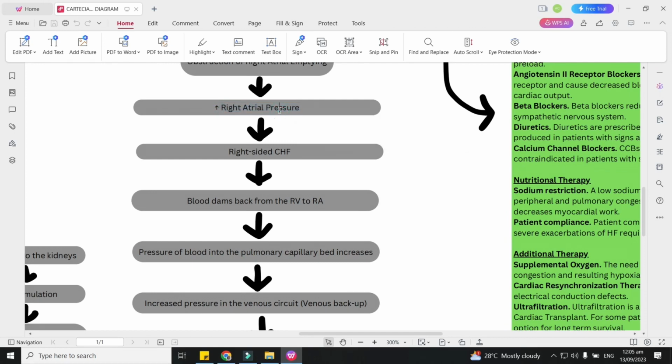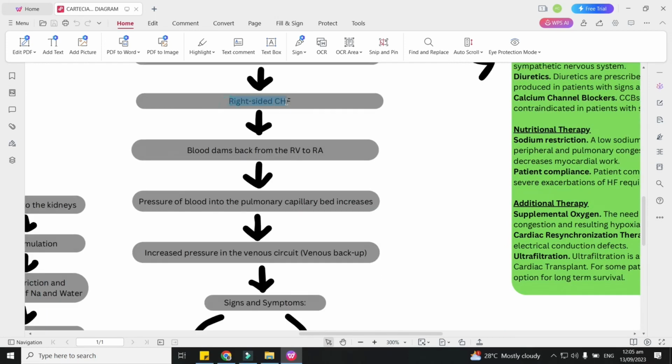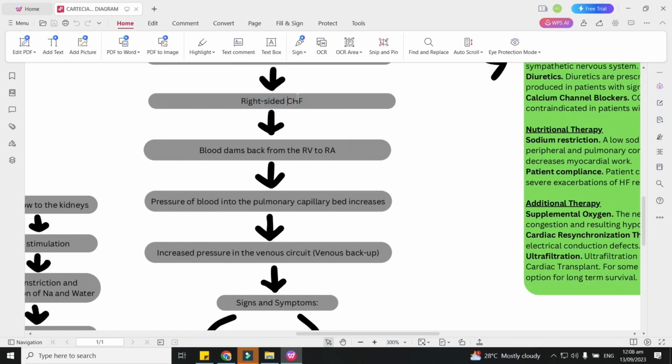What happened? We have right-sided congestive heart failure. So when we review the anatomy, on the right side of the heart, the blood comes from the blood vessels, from the superior vena cava and then the inferior vena cava, right?